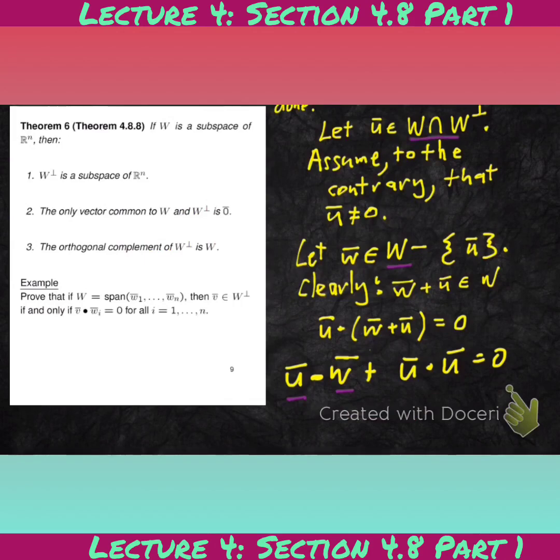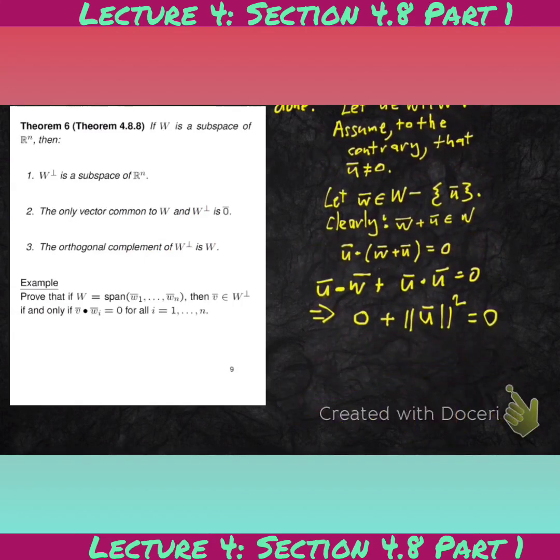It's from both W and the orthogonal complement of W. So therefore, u has to be orthogonal to w as well. Okay, so because those two vectors are orthogonal, the dot product is 0, and the dot product of the vector u with itself is the norm of u squared, and that's equal to 0.